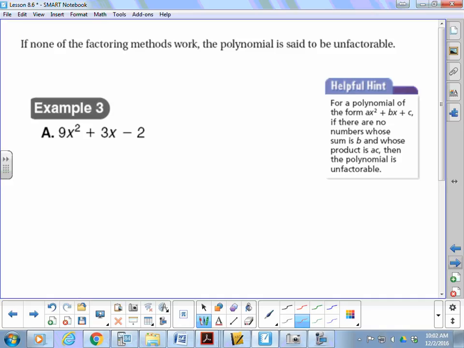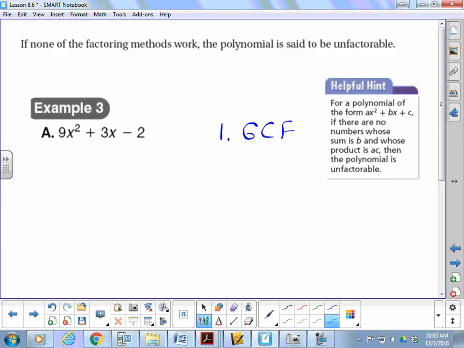Letter A, 9x squared plus 3x minus 2. So number 1, find the GCF. Is there a greatest common factor here other than 1?